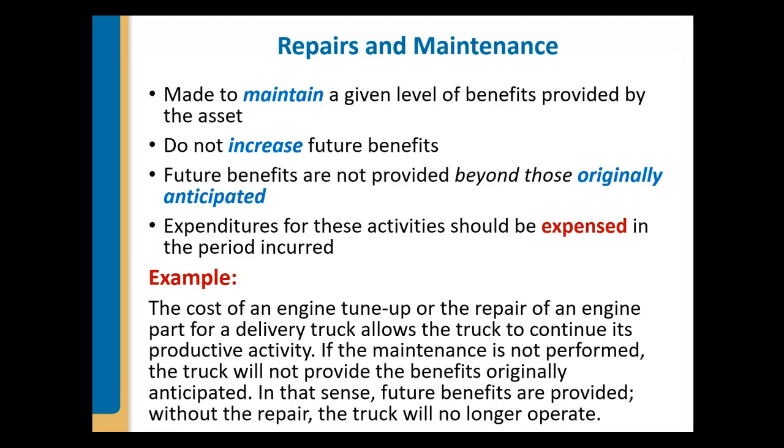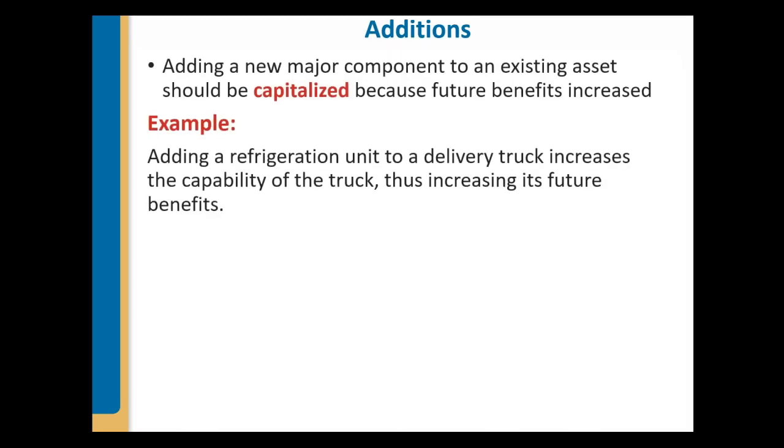So in that sense, future benefits are provided without the repair. The truck's no longer going to operate. But the key here is that future benefits are not provided beyond those originally anticipated. Expenditures for these activities should be expensed only in the period incurred.